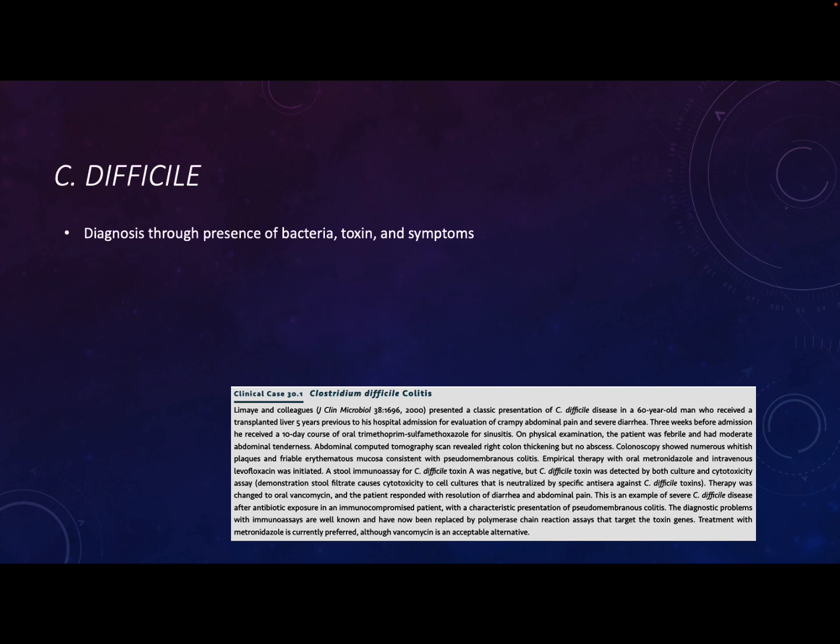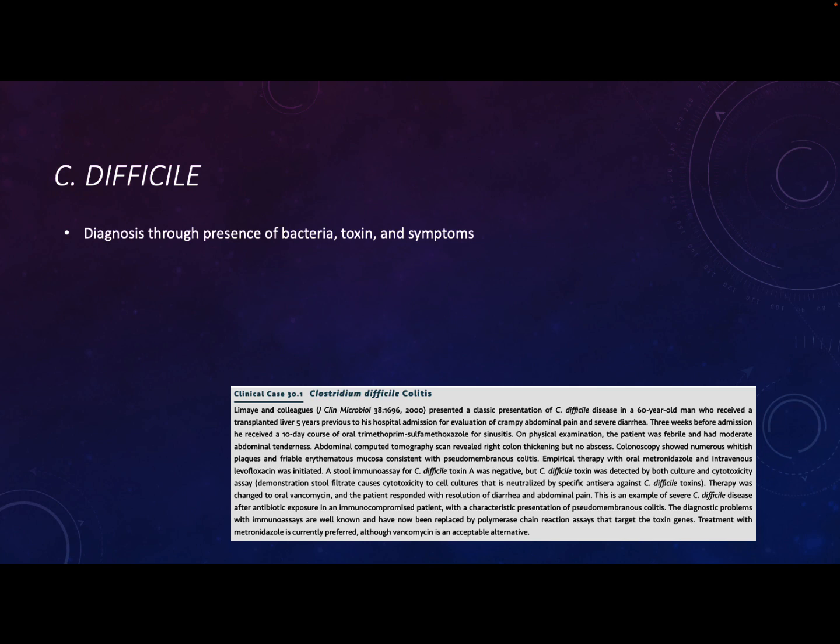Is it staph toxin production? Is it Vibrio? What's causing it? Is it Campylobacter? Is it Helicobacter? Is it Clostridium? All of those things have to be cultured in different ways. So if you suspect Clostridium, you would have to culture it under anaerobic conditions.